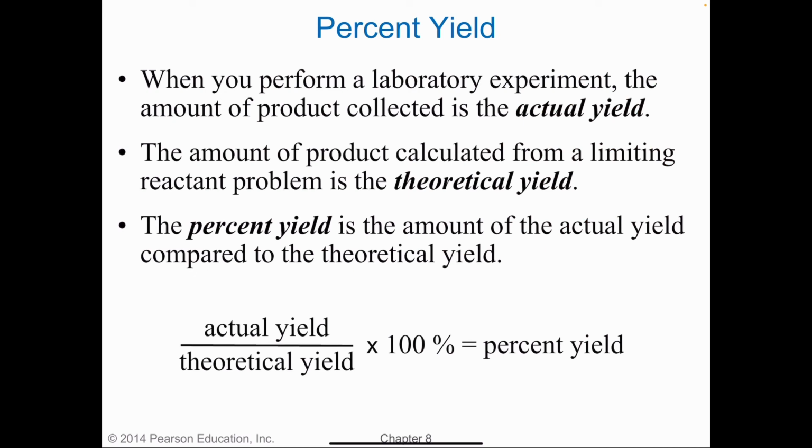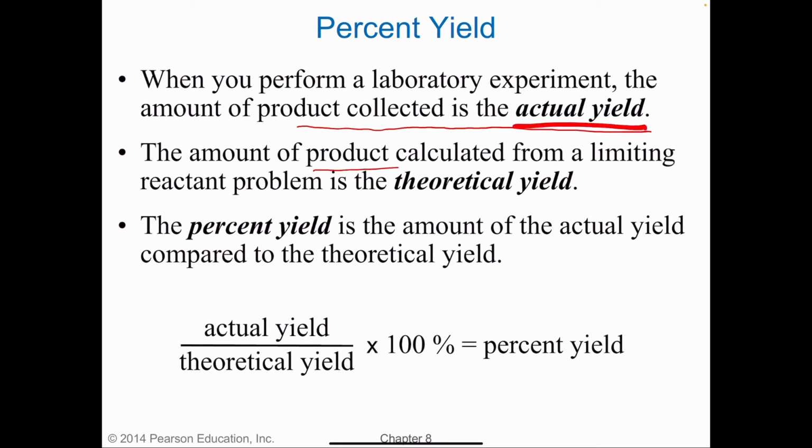Now, percent yield, actual yield, theoretical yield. When you perform any laboratory experiment, the amount of product collected is the actual yield. You can think of it as how much did you actually make? You could have made so much, but maybe something went wrong. Maybe you spilled something. Maybe the reaction just didn't go all the way to completion. How much did you actually make?